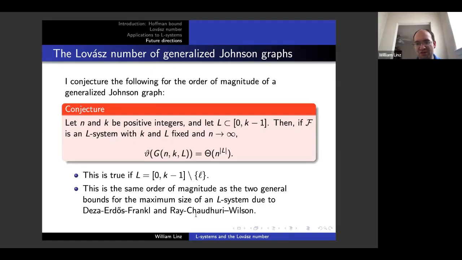So there are two general bounds that are both of the order n to the size of L for general L. The Lovász number would not be better in general than either of these bounds. It would also not be worse in general than either of those bounds, assuming that this conjecture was actually true.